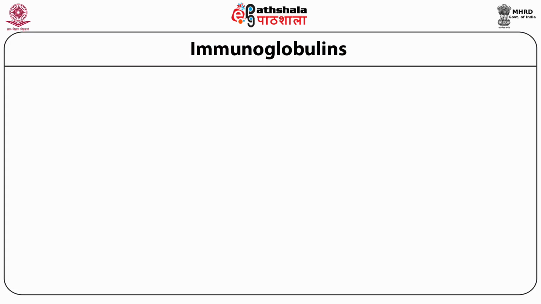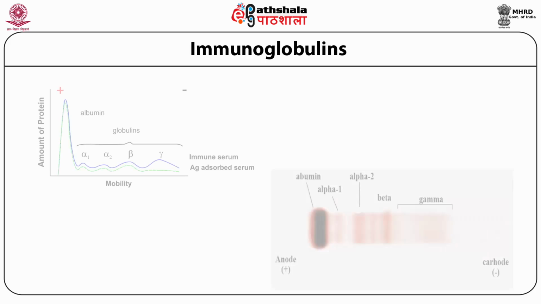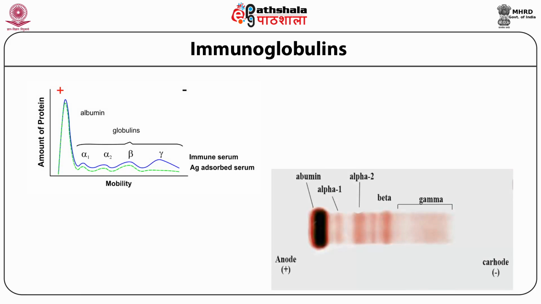Antibodies are present in the serum. Electrophoretic studies of serum revealed the presence of several proteins. The band identified as gamma globulins consisted of immunoglobulins or antibodies, and hence now the terms antibodies and immunoglobulins are often used interchangeably.